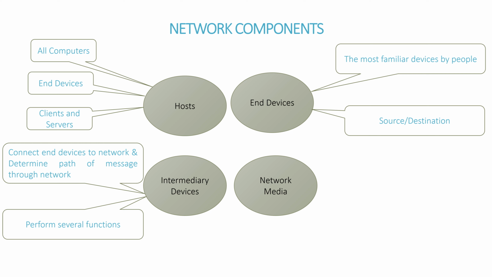Modern networks primarily use three types of media to interconnect devices. The first one, copper, is metal wires within cables where data is encoded into electrical impulses.